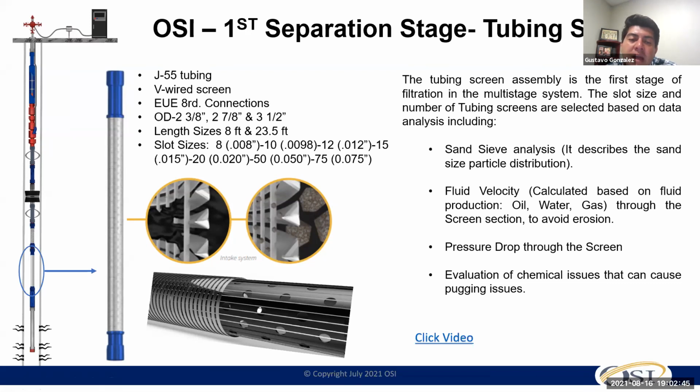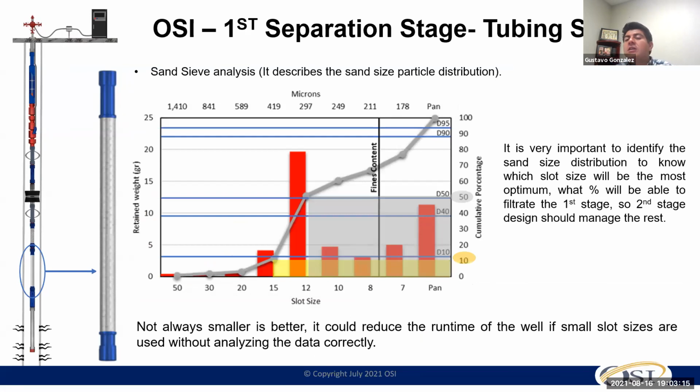Always when you design the sand screens, try to have the lowest pressure drop possible and enough open area that you're able to overcome this chemical limitation, because no well is perfect or just sand. You always get a combination of scale, iron sulfide, and sometimes some paraffin. So all of that is coming through the screen and is going to be the first entry point for the fluid, and that's where you can face some of those issues.